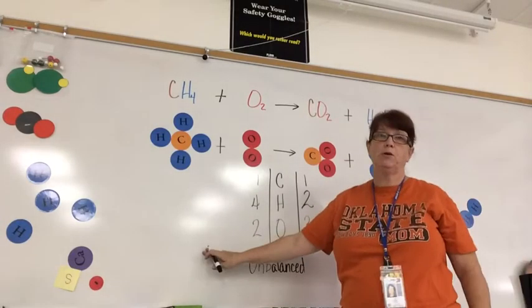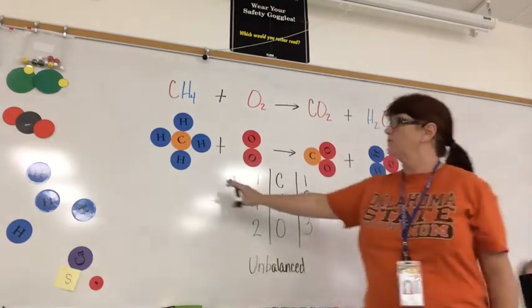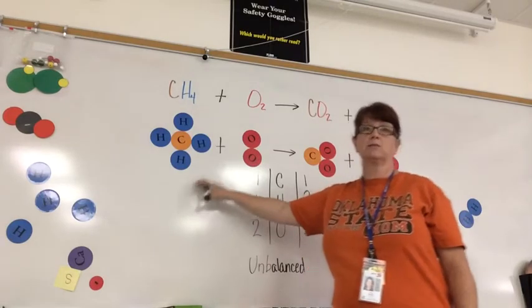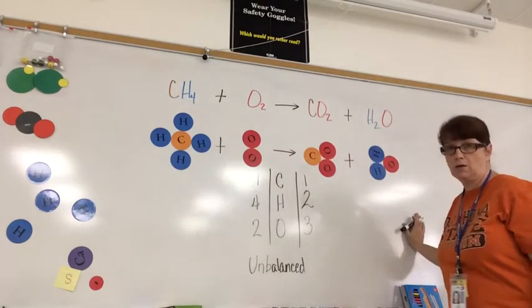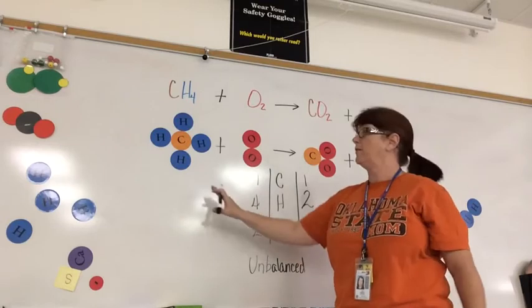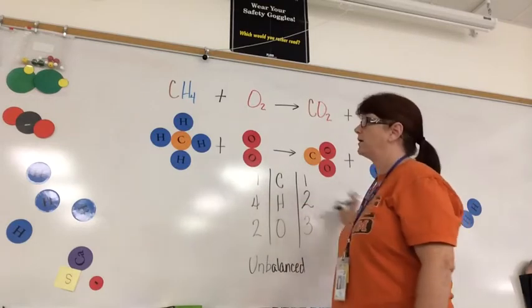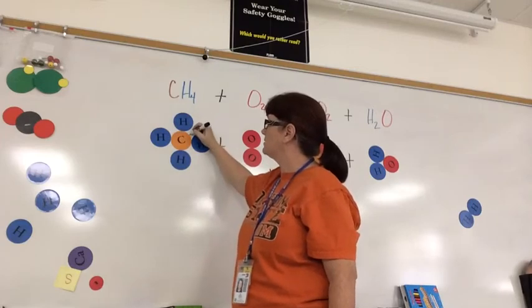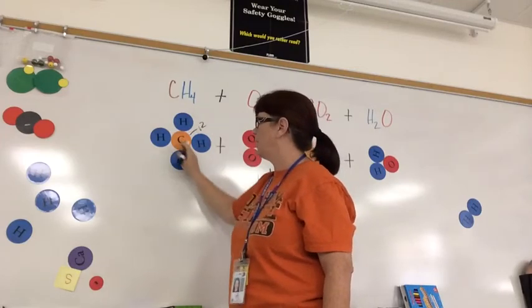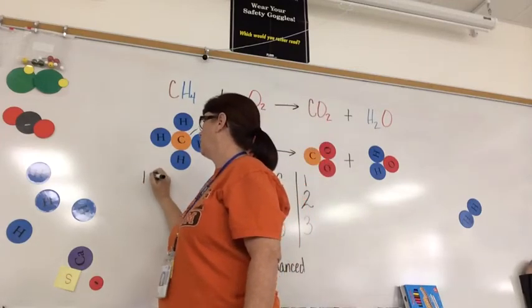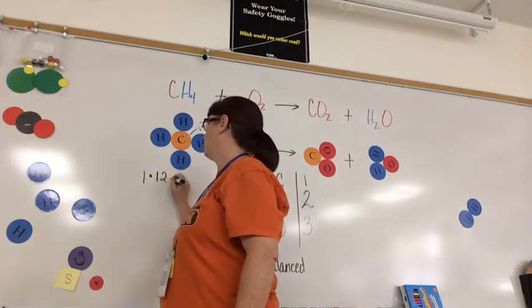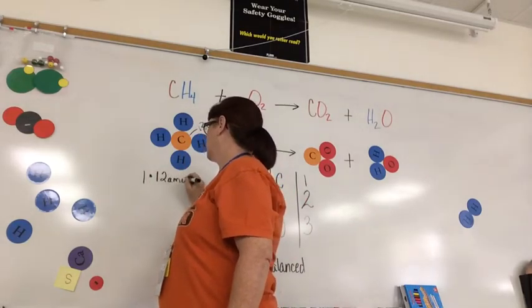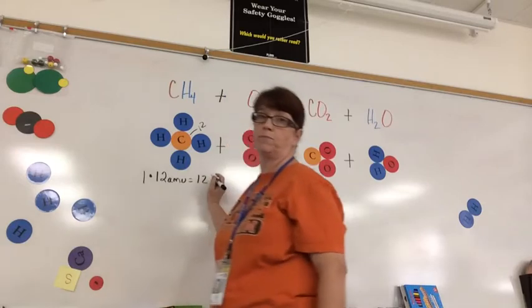If we were to compute the atomic mass unit on the reactant side versus the product side, we should also come up with a different number on both sides. Carbon has a mass of 12, and because I have 1, 1 times 12 equals 12.